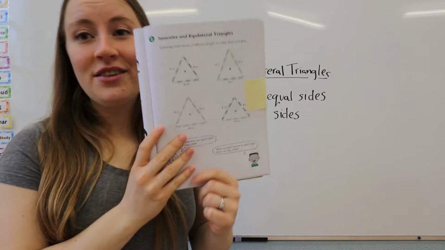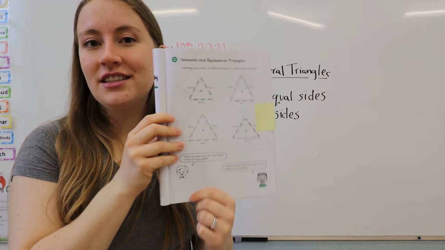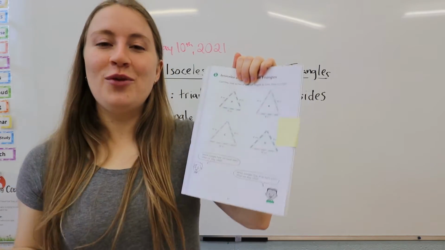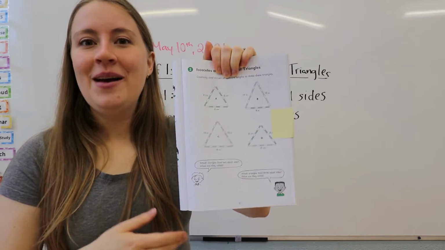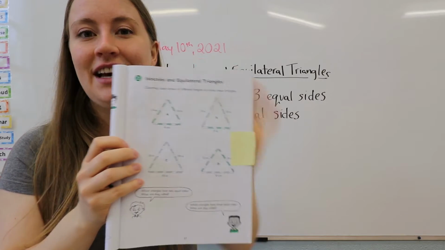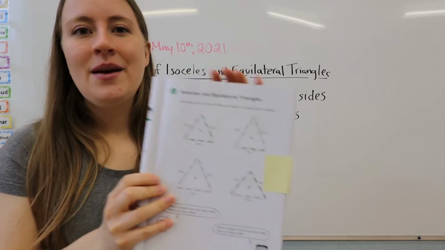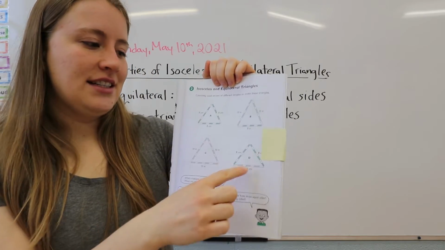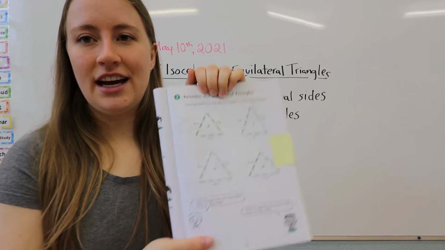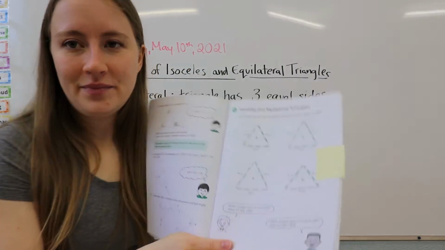A and C also count as isosceles triangles because they have two equal sides. They just happen to have more than two equal sides, okay? But the rule still fits. So all four of these triangles can count as isosceles triangles, but more often we're going to see isosceles with just two equal sides and then a different length side, okay?